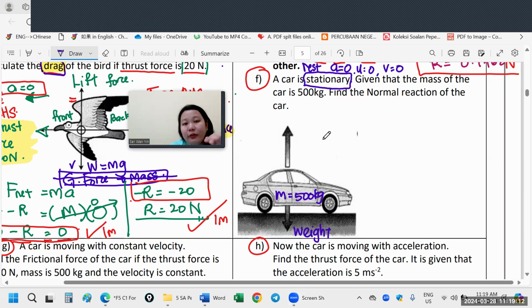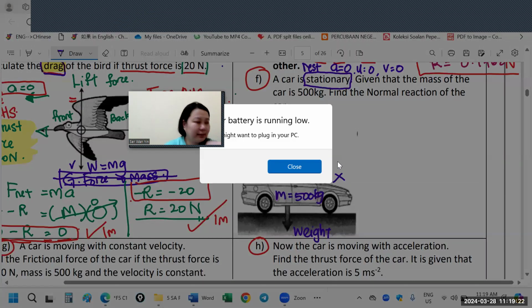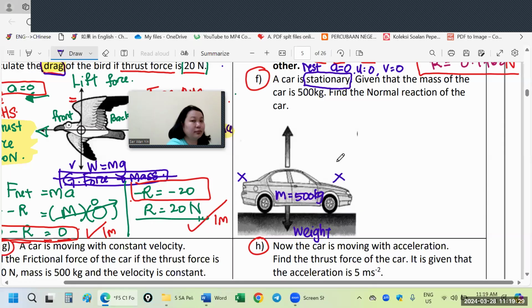yeah, there is frictional force, but it's not moving, so normally when not moving, we don't count the force in front and the force at the back. So no more force in front and at the back.